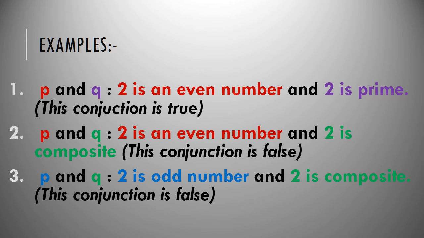So only when both P as well as Q are true, the resultant statement P and Q will be true. In all other cases, the resultant statement will be false.